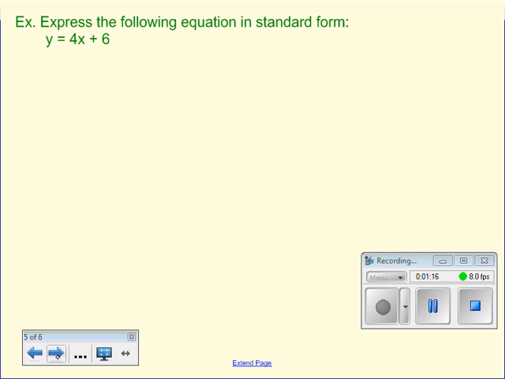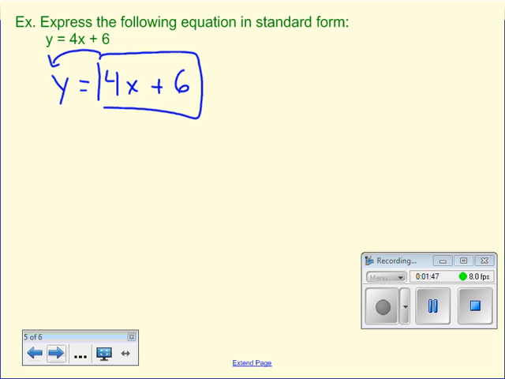I want to express the following equation in the standard form. So I want to take this y equals 4x plus 6, and I want to put it into the standard form. First thing I'm going to do, I'm just going to write it out, y equals 4x plus 6. Now I want to get everything on the left-hand side of the equation, so I'm going to have to move everything from here over to here.